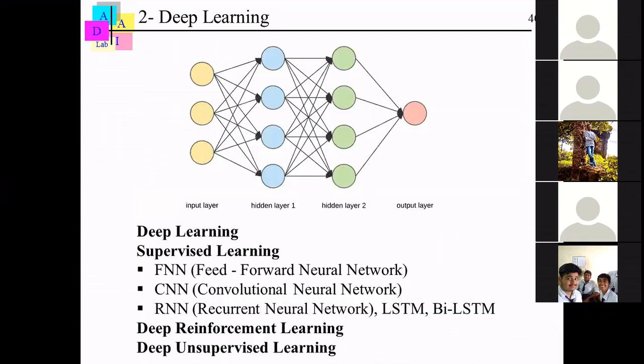And we can divide deep learning the same way as machine learning. It means that we have three groups: deep supervised learning, deep reinforcement learning, and deep unsupervised learning. And combining deep supervised and deep unsupervised learning, we have deep semi-supervised learning.